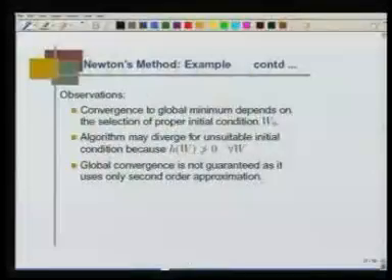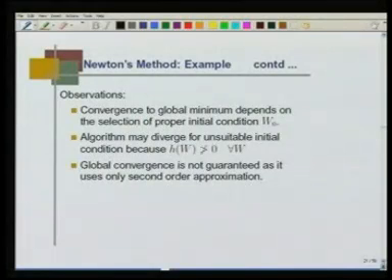So, observations are as follows: convergence to global minimum depends on the selection of a proper initial condition w naught. The algorithm may diverge for an unsuitable initial condition because H is not a positive quantity.